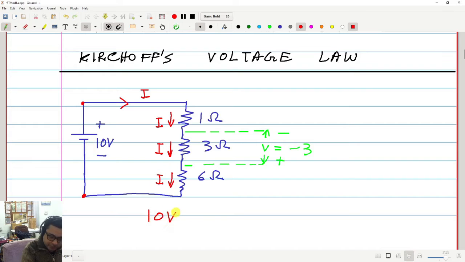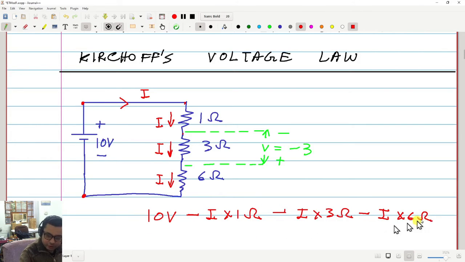Then here there is a voltage drop given by I multiplied by 1 ohm, and I consider it negative because this is a voltage drop. Then I have I multiplied by 3 ohm drop and I multiplied by 6 ohm drop.